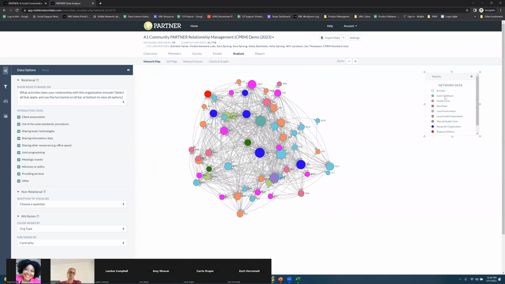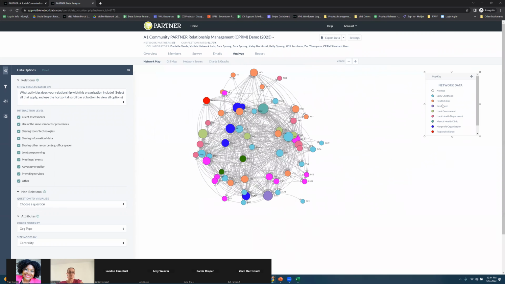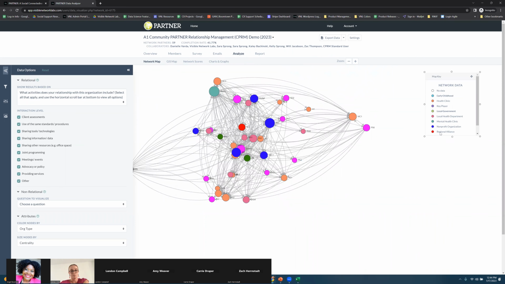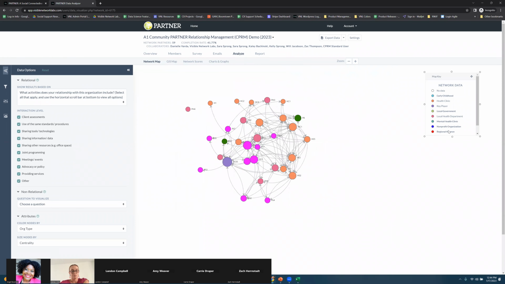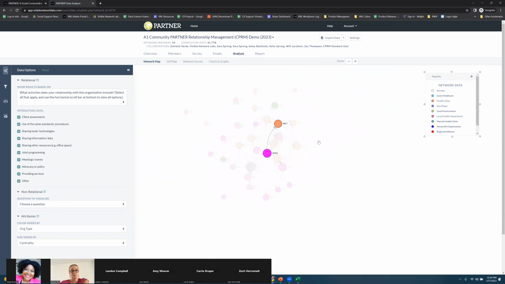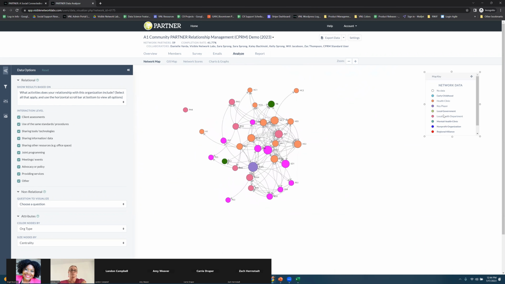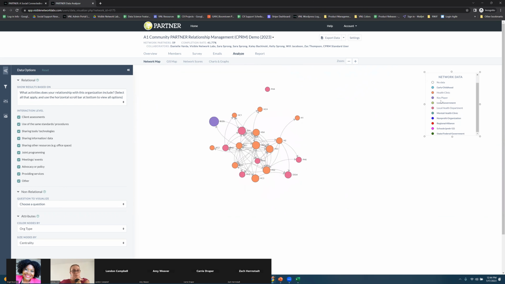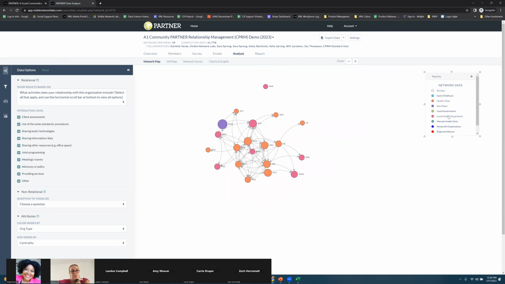maybe the state agency is working specifically with, and we'll go into your example, Cap, a little bit: let's only look at health organizations and our key player. So now I'm filtering this way, and I'm only looking at health clinics, the key player, and local health departments.